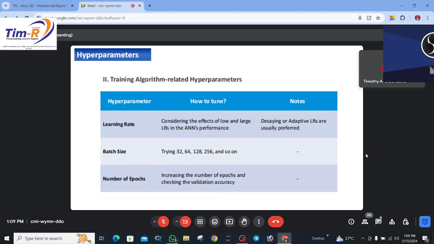But in a case whereby the validation is starting to drop or not moving closer to the training accuracy, then we need to adjust or increase the number of epochs so that that can be compensated for. So that's one thing also to note. We will see all these things in action.